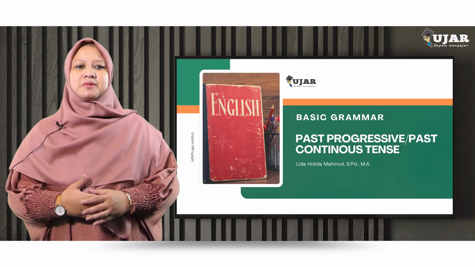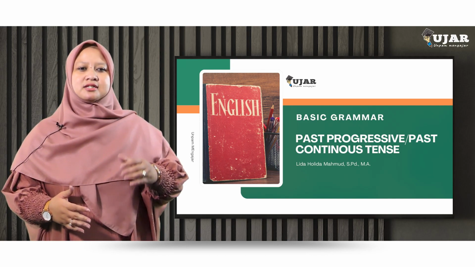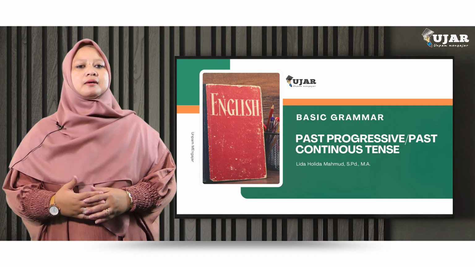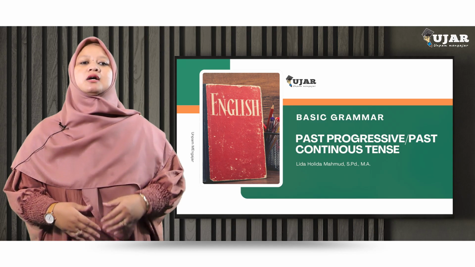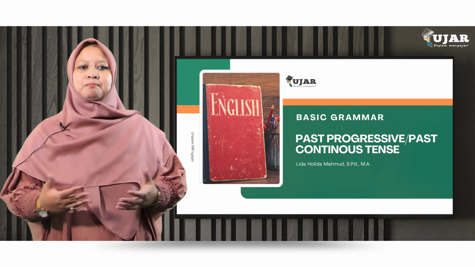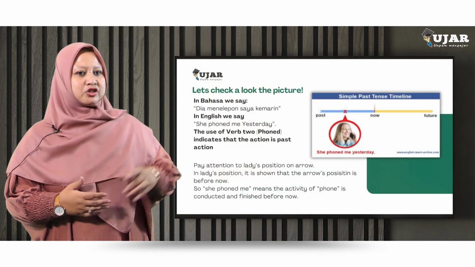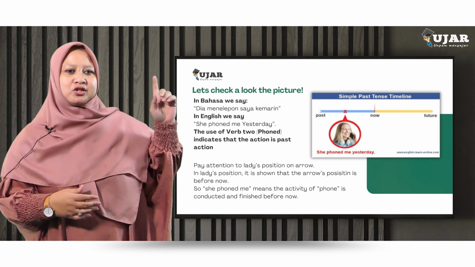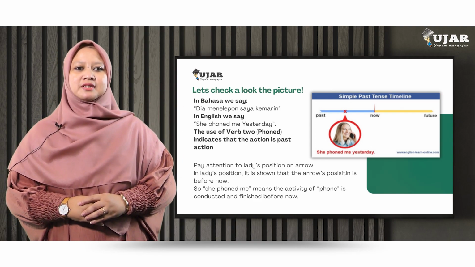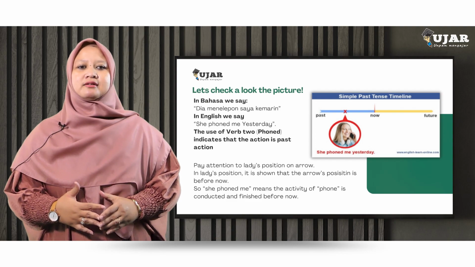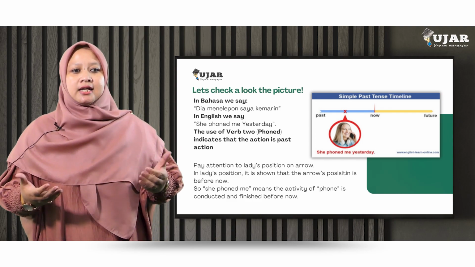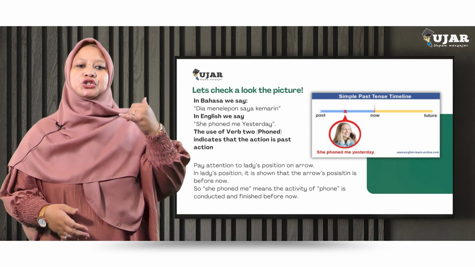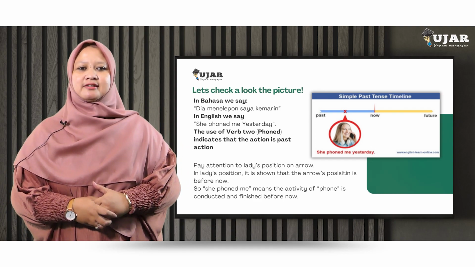In the previous meeting, we discussed the simple past tense. Before discussing past progressive or past continuous tense, I would like to review simple past tense. Let's take a look at the picture there. In bahasa, we say, dia menelepon saya kemarin. In English, we say, she phoned me yesterday.